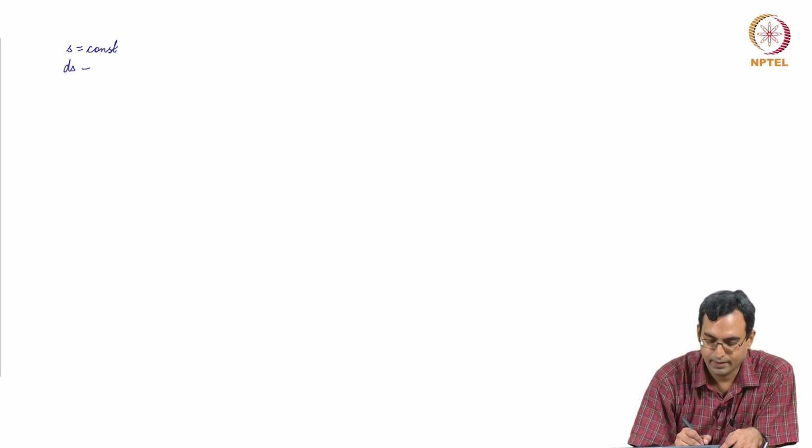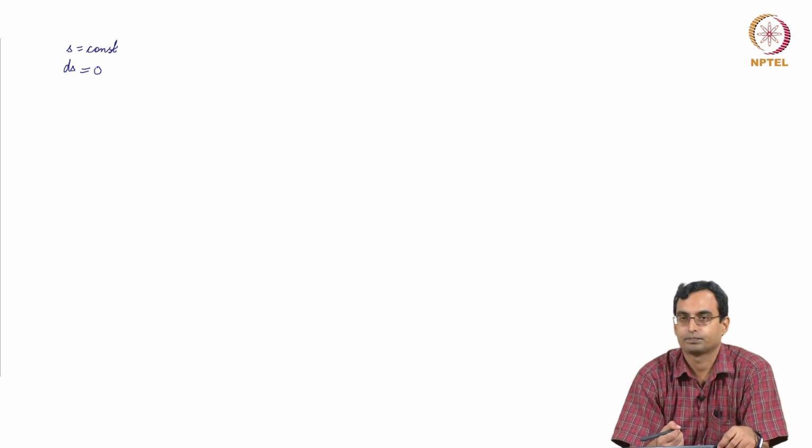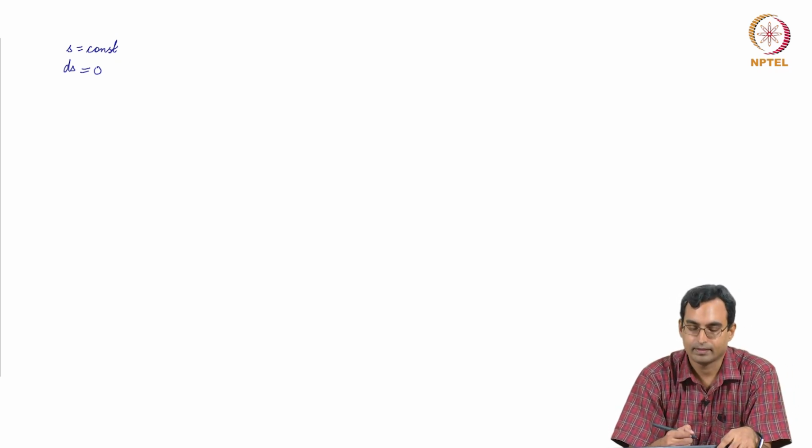Let us go on to a discussion of a few other processes. So, one of the important processes, as we saw earlier, is a process where we have the entropy being constant during the process, which means that S is equal to constant. In such a case, ds would be of course 0, because if S is constant, change in entropy is 0.